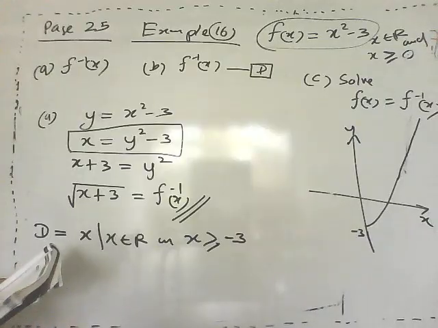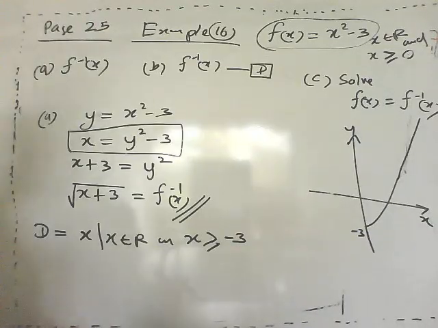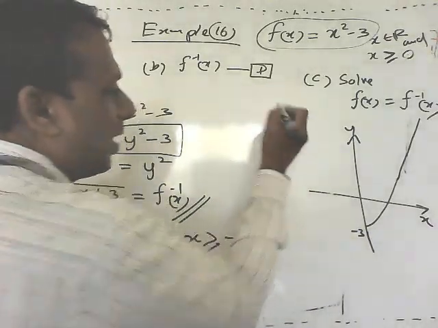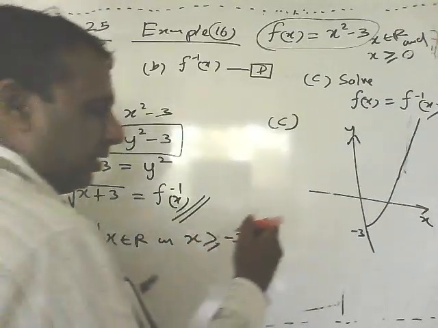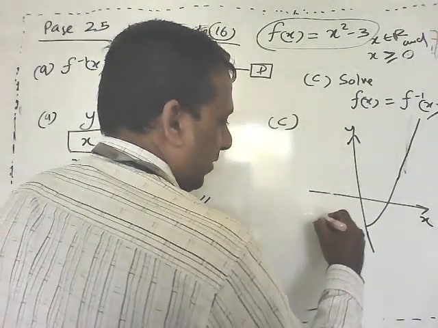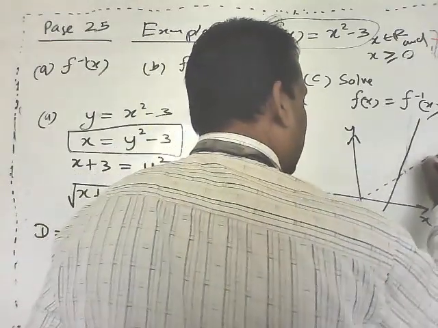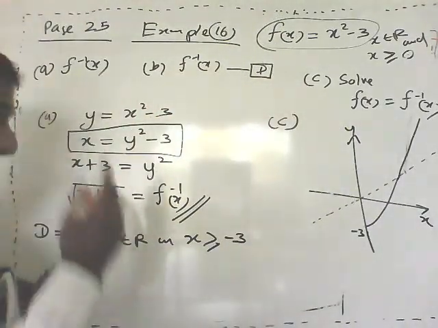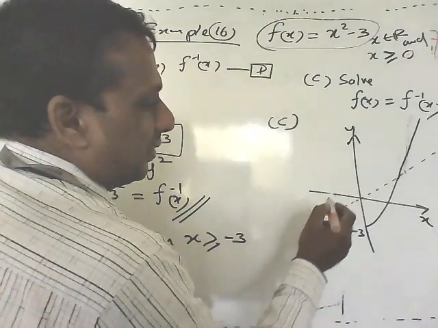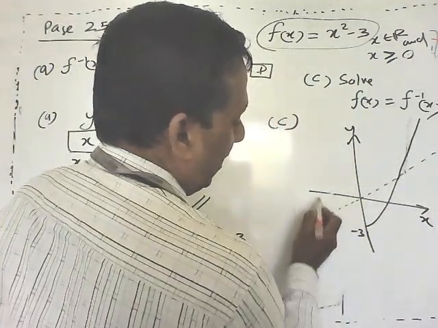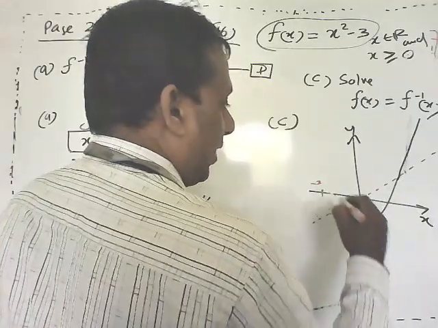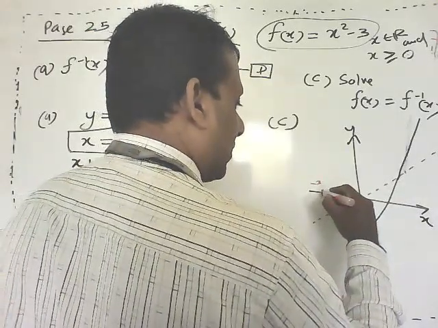Now they ask us to sketch both on the same axis, so we will consider this as part C. And we can just draw y equals x here. Like this, and then we will take the reflection. So here the reflection would be minus 3, here also the same distance, minus 3.